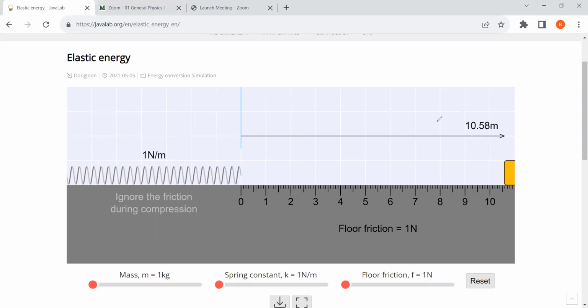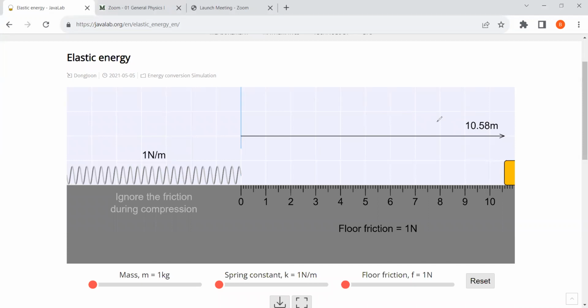This spring does some work on the object. Doing work means the potential energy this spring has is converted to the kinetic energy of this mass. All right, now let's try to understand the mathematical details of elastic potential energy.